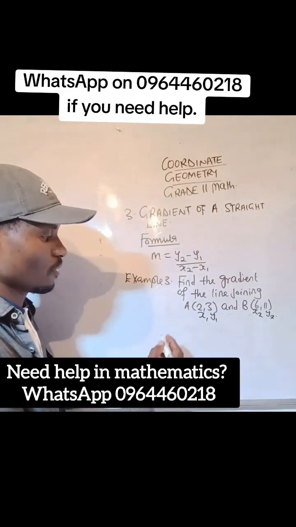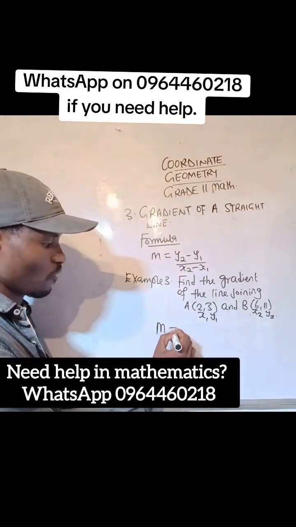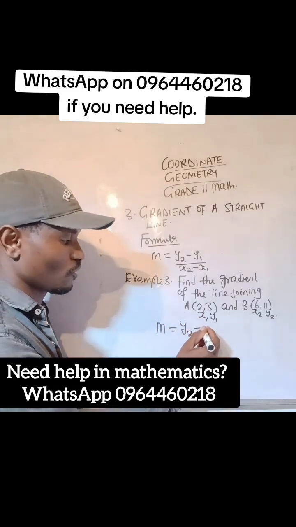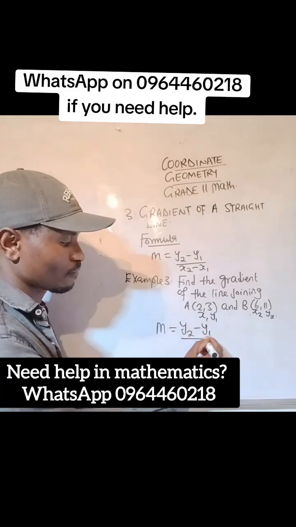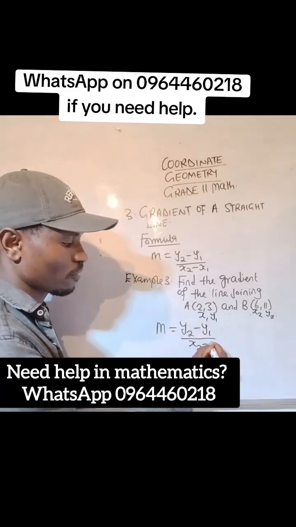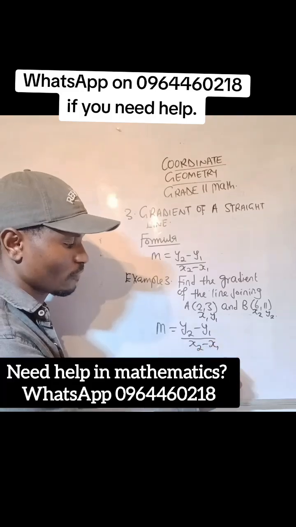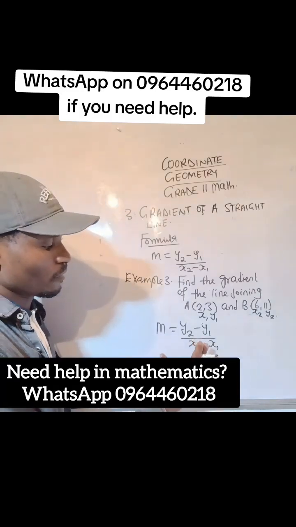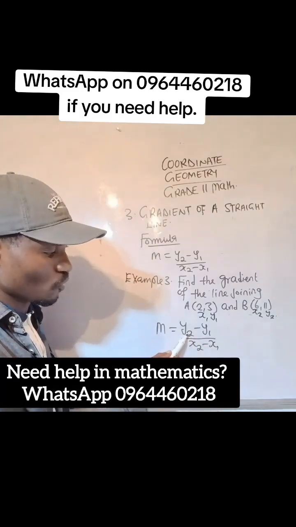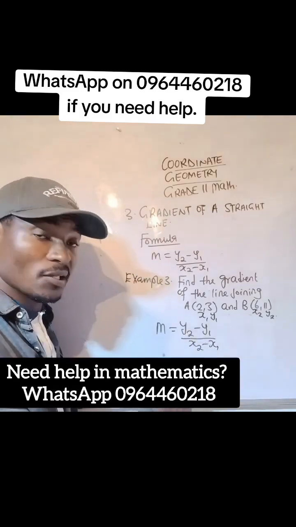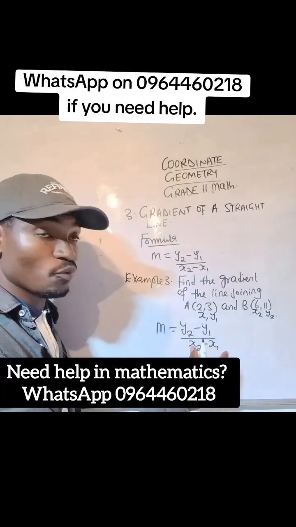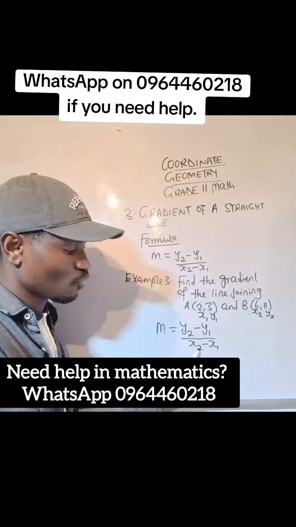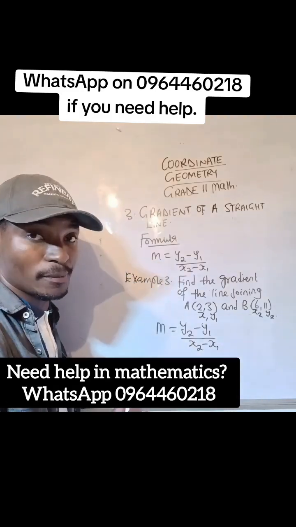After you label them, the gradient is, you always start with y2 on top, and at the bottom you have the x coordinate. So y2 minus y1, and this is the order that is going to be followed at the bottom for the x: x2 minus x1.